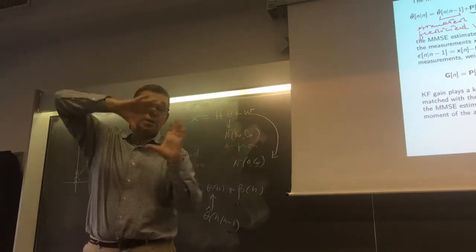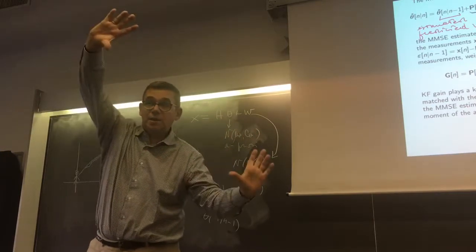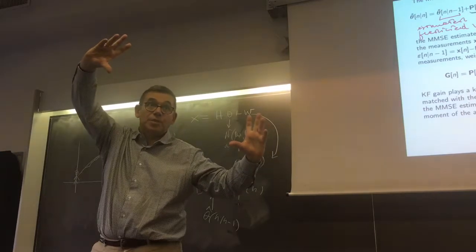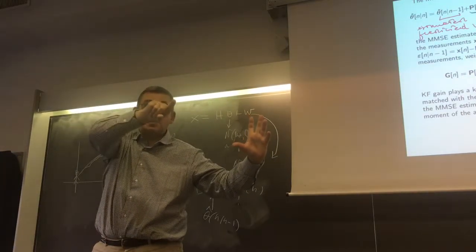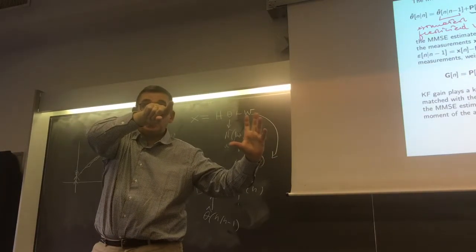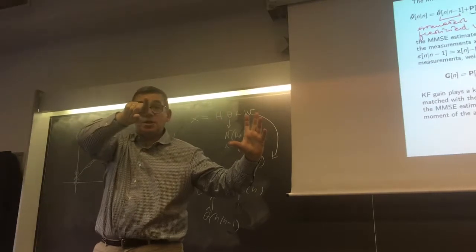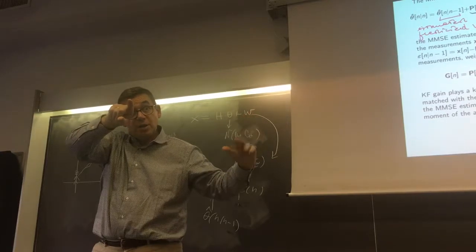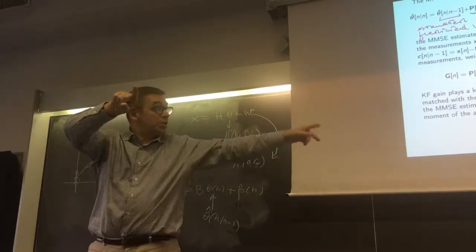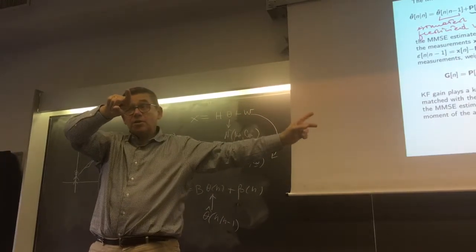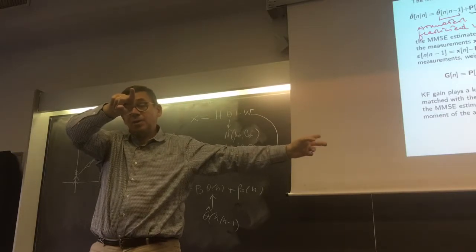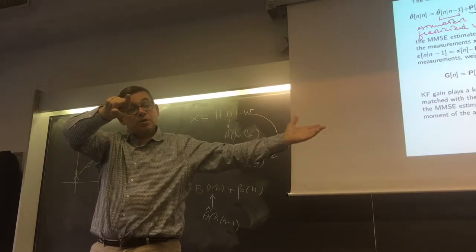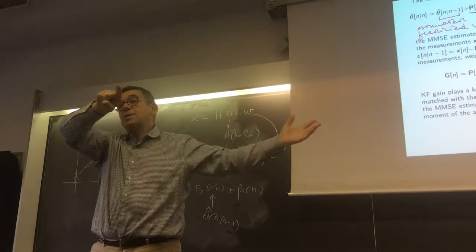Then I try to predict, which means my uncertainty is very big, and this is the estimate. When I use the data, my estimate is a little bit corrected from that. This correction, which is the second term, g times epsilon, comes from a gain, which is the parameter that depends on MMC, and the error.